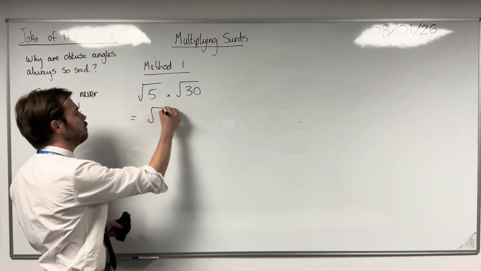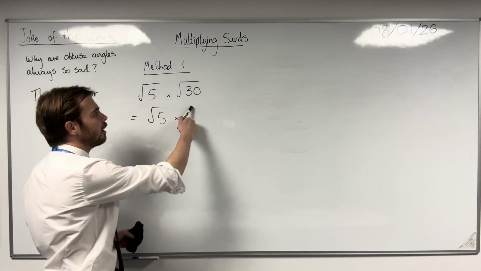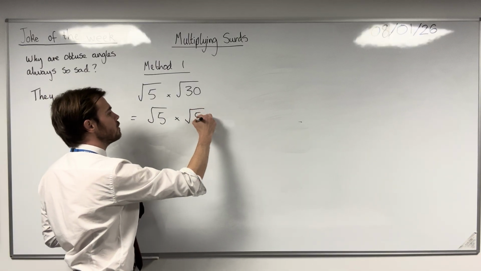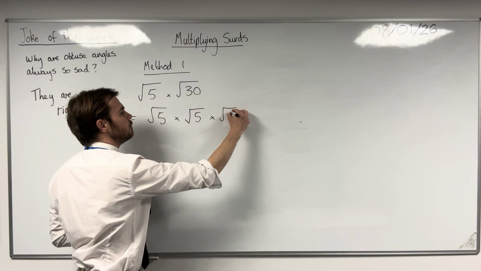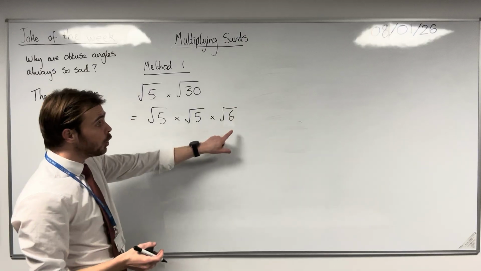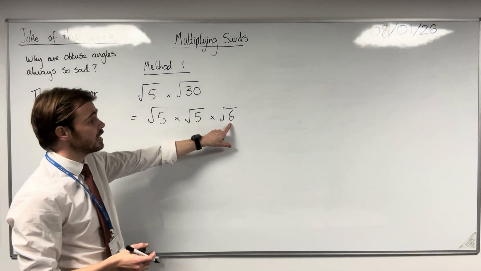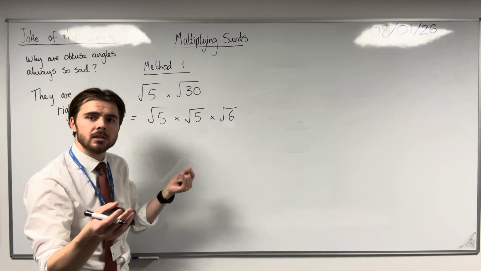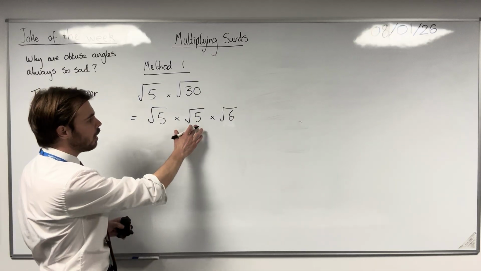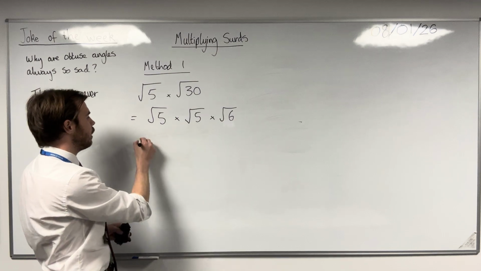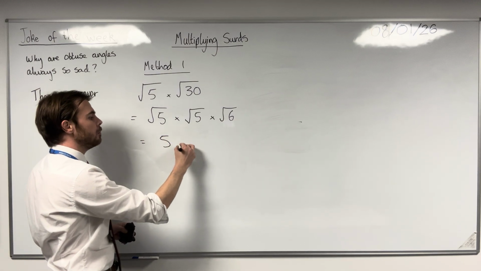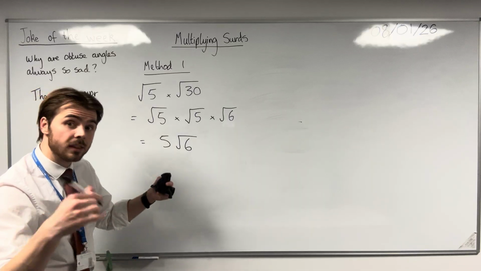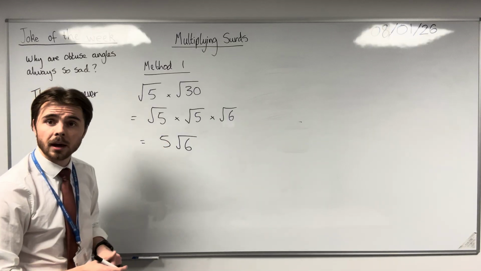So root 5 stays as root 5, but I can break down root 30 into root 5 times root 6. Now I could look to break down root 6 again into a root 2 and a root 3, but because there are no matches, there's no need to do this. So I've got a root 5 and a root 5 to get a normal 5. And because I can't break down root 6 any more, as there are no square numbers that go into 6, we can just leave it. And that's it.